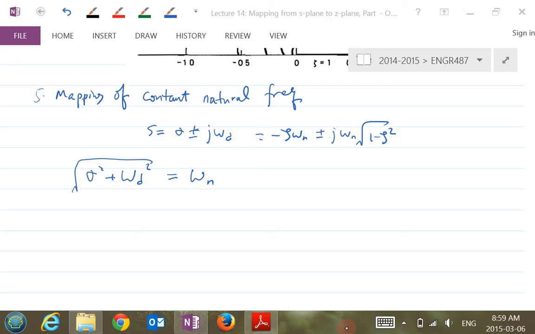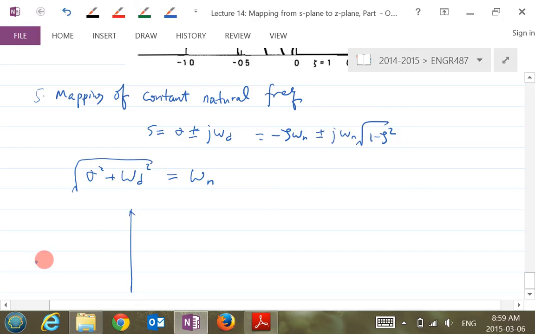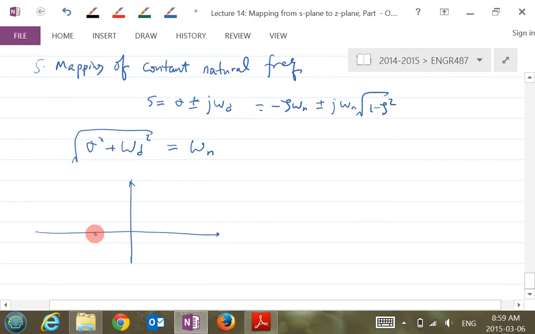So if I draw the loci out, it's basically another circle in the S-plane. This is the S-plane here. The radius of the circle is omega n. So constant natural frequency in the S-plane is a circle with a radius omega n.